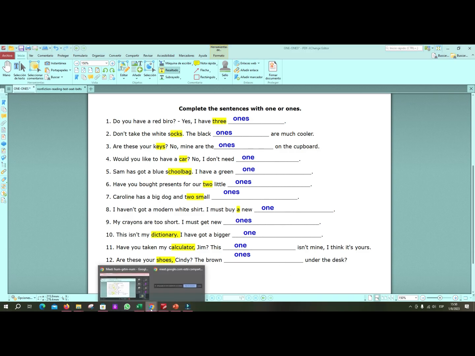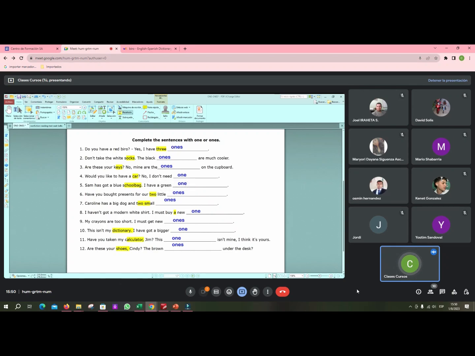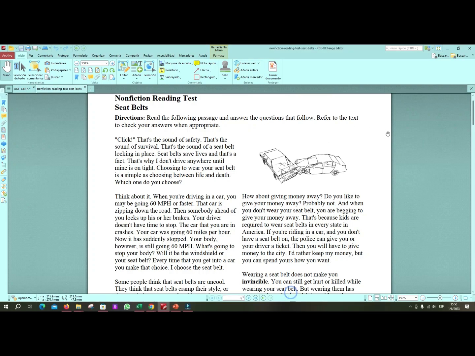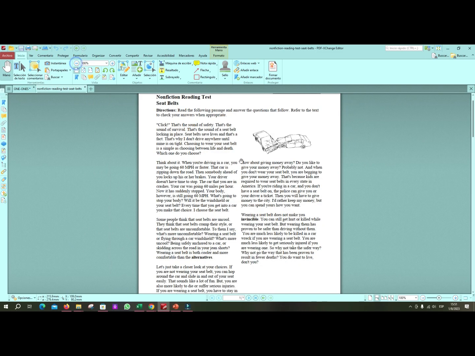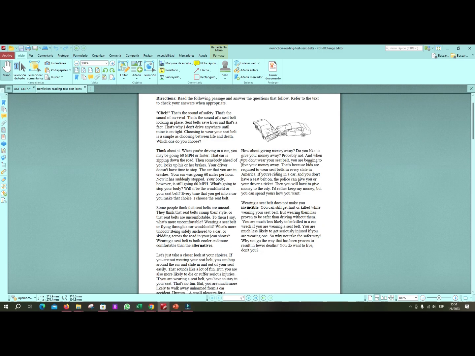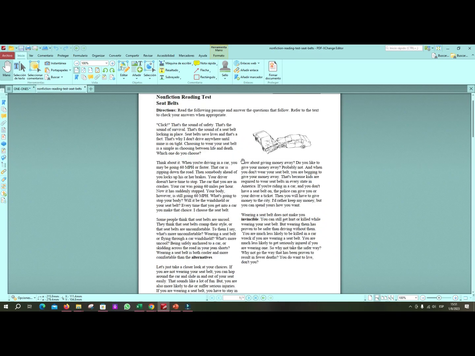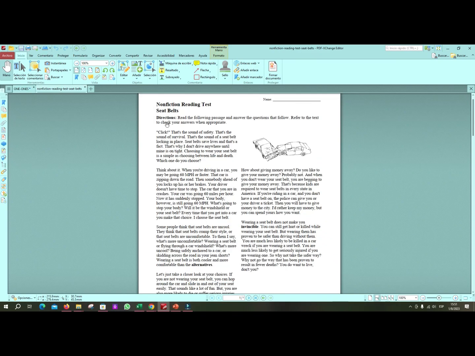So guys, I guess this is a very easy topic. I don't know if you have any doubt about it. Teacher, yes, Kent? Tell me. What is the meaning of one and ones? In that case, you're replacing the noun.